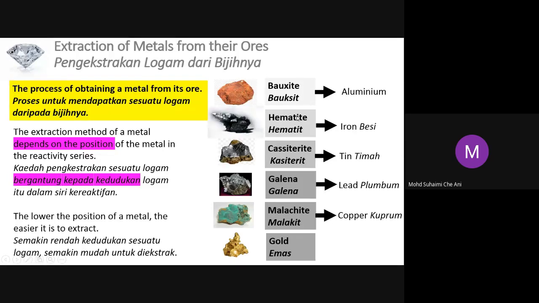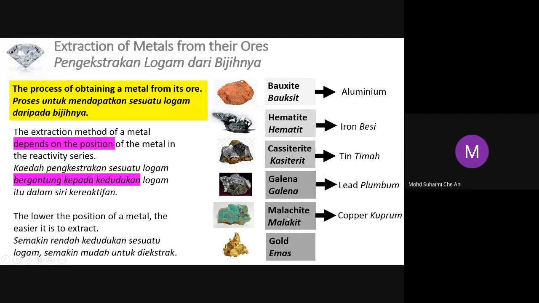Hematite is iron oxide. So kita lombong hematite ni, kita nak dapatkan besi tulen. So we mine the hematite to get the pure iron. Cassiterite can be extracted to get pure tin. Galena can be extracted to get pure lead.